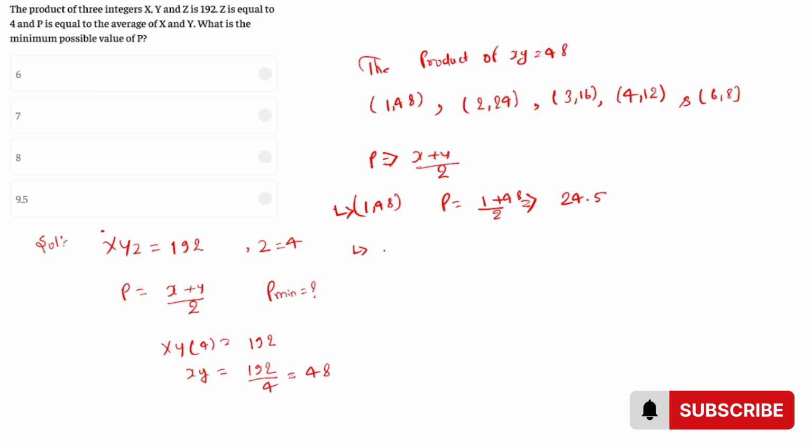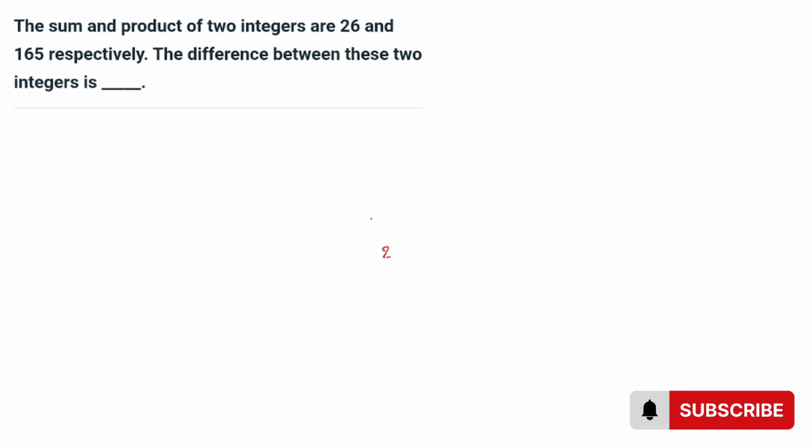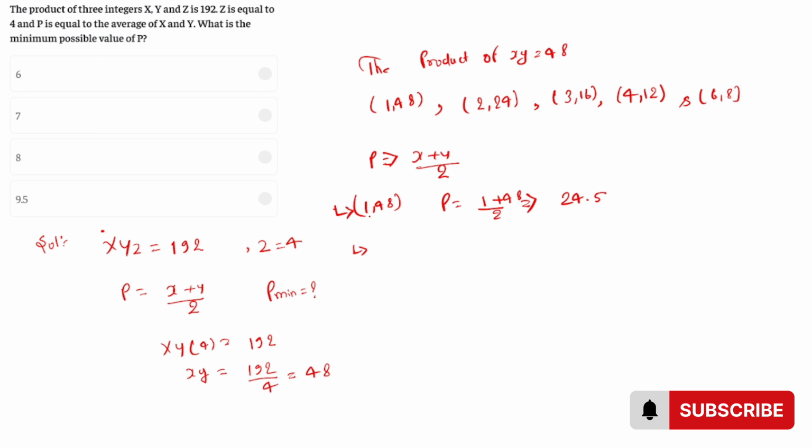Check for 2 and 24. So p is 2 plus 24 divided by 2. 26 divided by 2 is 13.